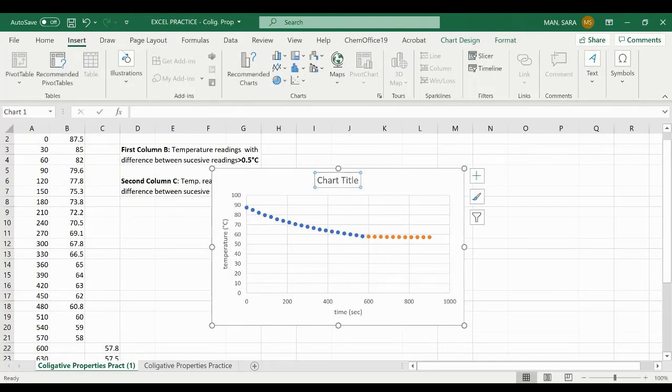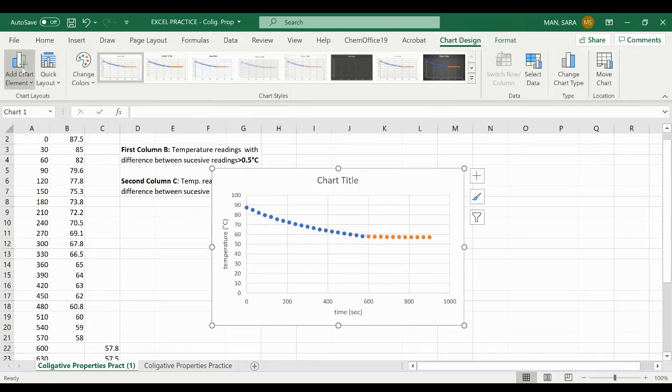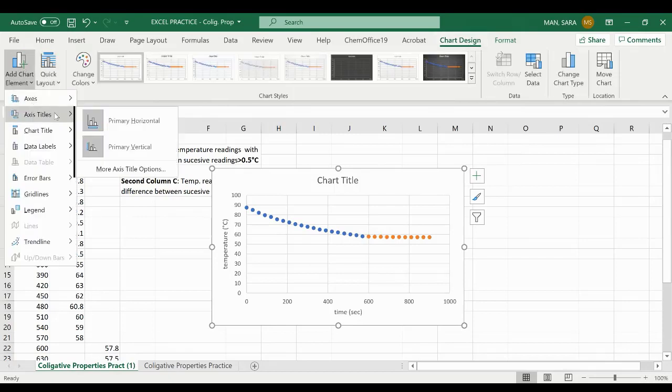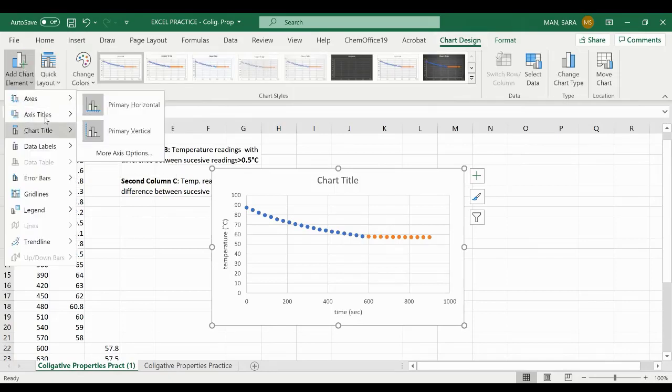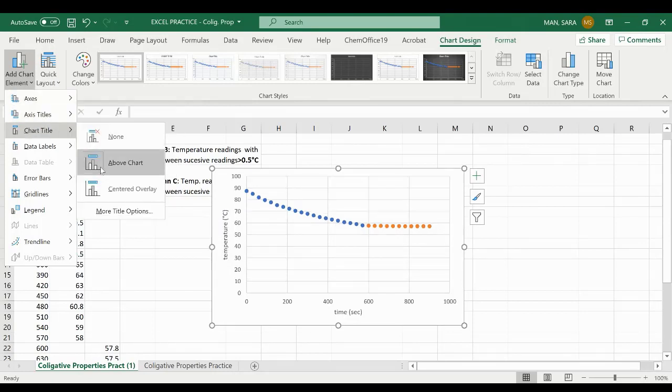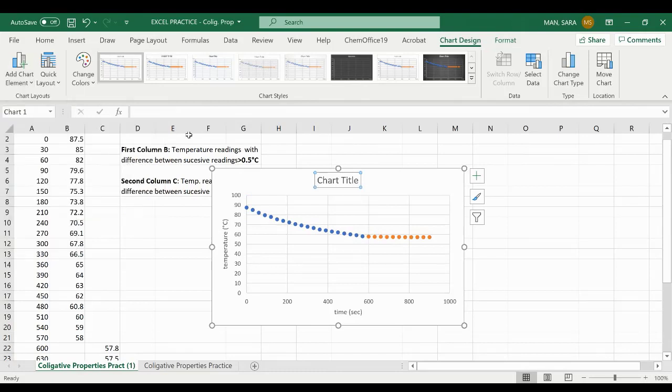And we want to write also the title. So we are going to add a chart title. We can say, okay, colligative properties practice. This is just a practice.